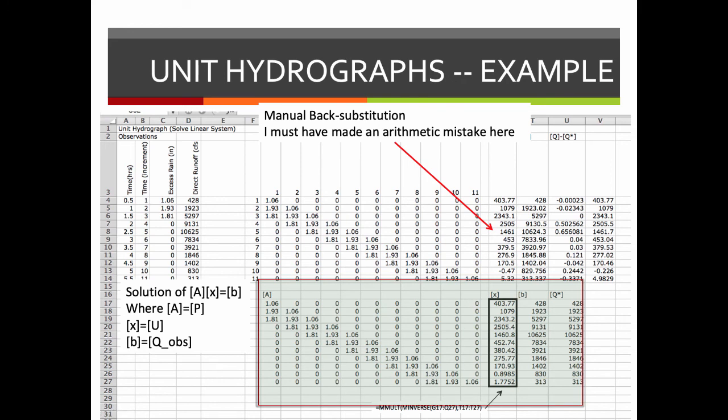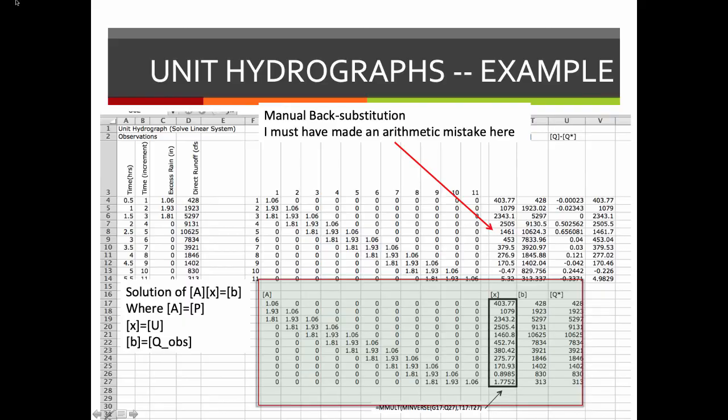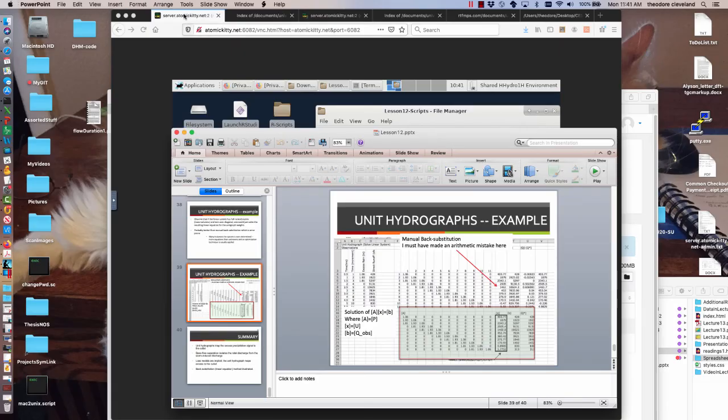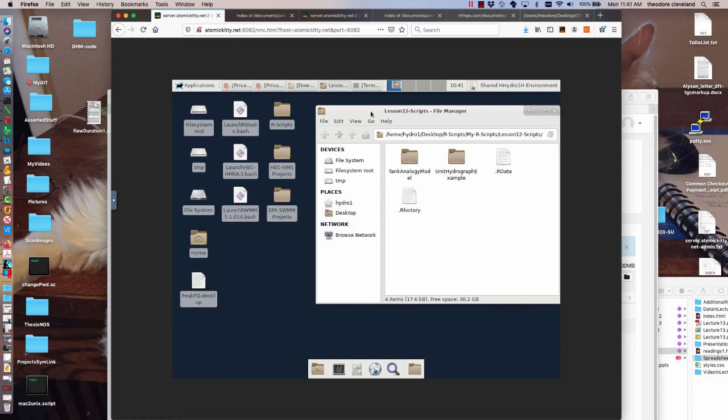So let's go ahead and take a look at this example and implement it in our script. That's the summary. So we'll escape that, and we will go to our online environment, which has already been prepared.